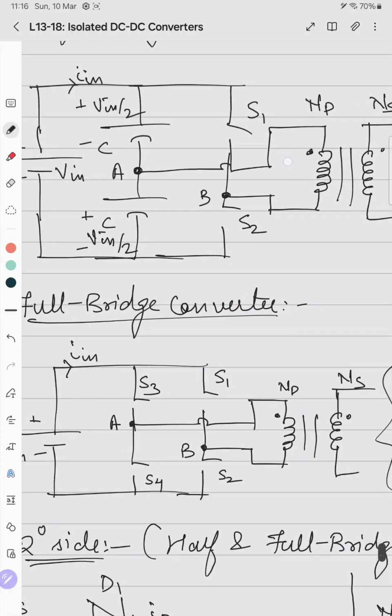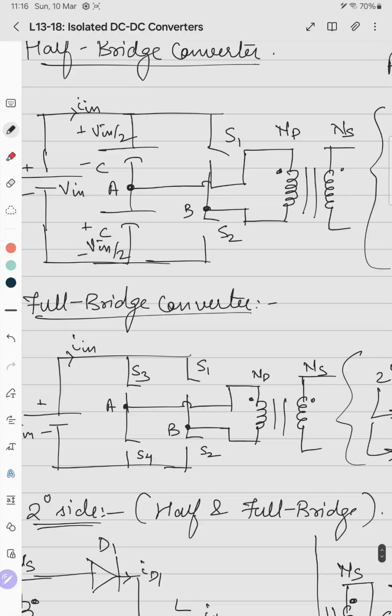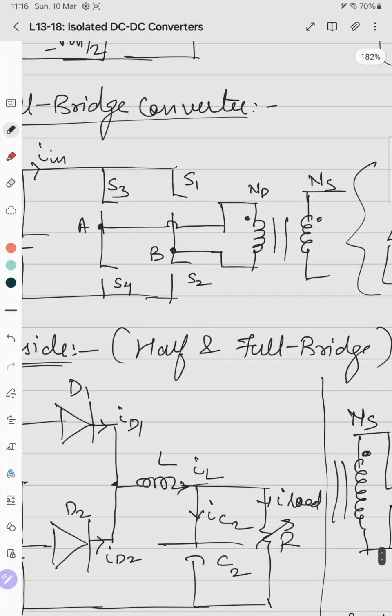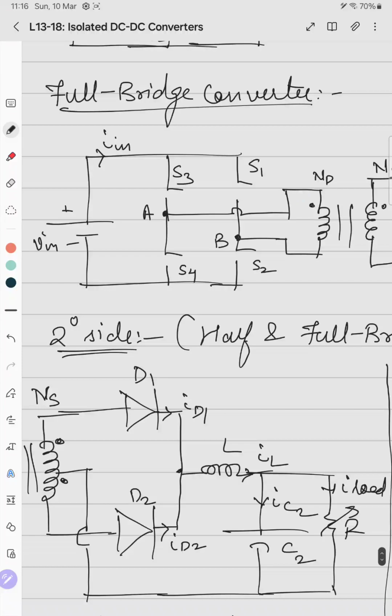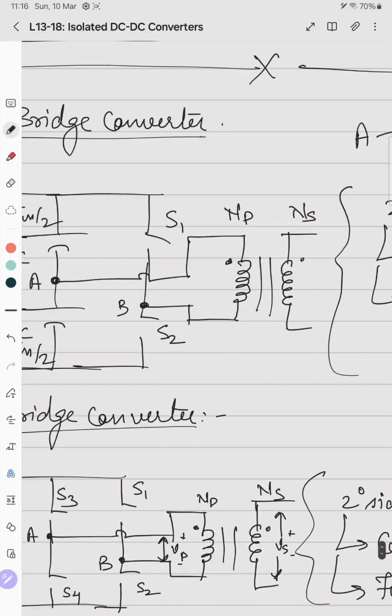Similarly, here in the half bridge we cannot have a combination of the switching to generate a zero input voltage across the primary winding. But in a full bridge, when S3 and S2 are on simultaneously, the diagonal switches, then VP, and this is VS, with the plus minus notation.